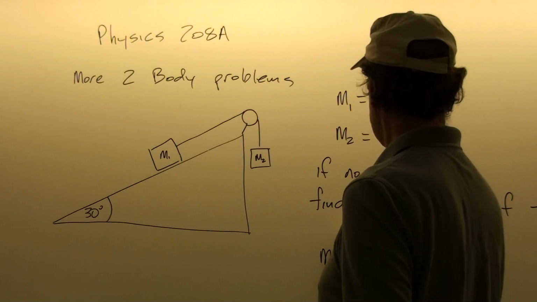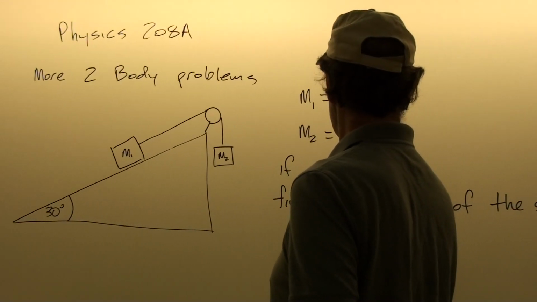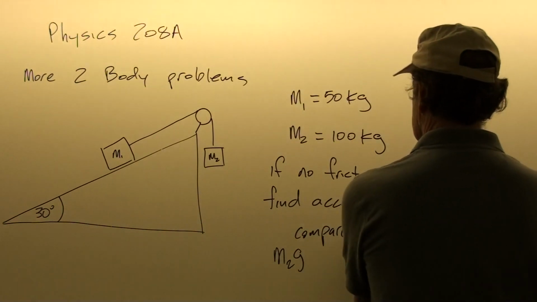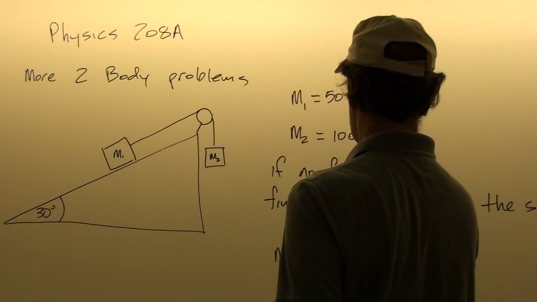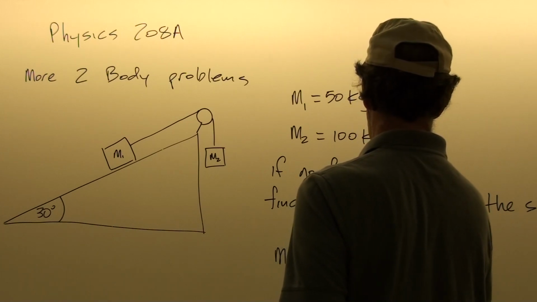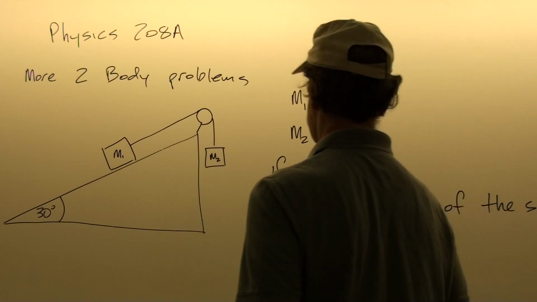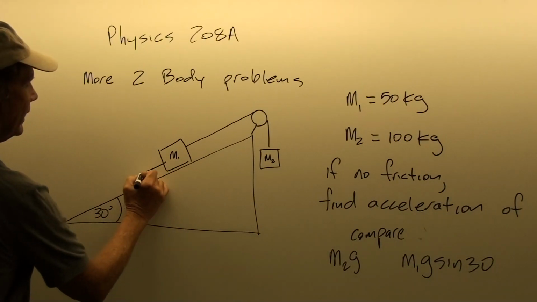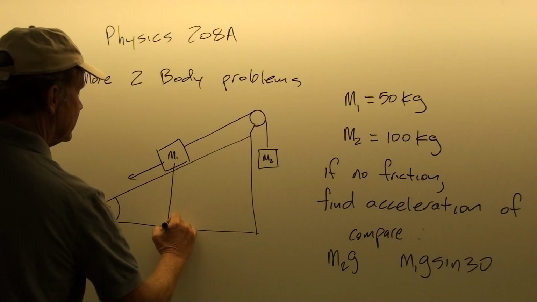And let's compare that M2g to M1g sine 30. Okay, because that's the component of the weight that is accelerating the mass down the incline.